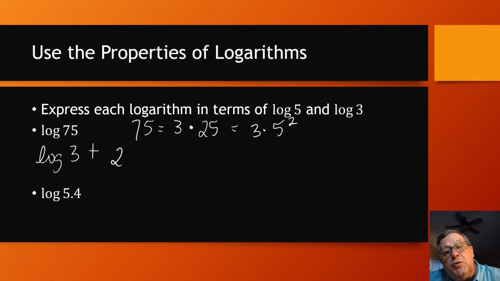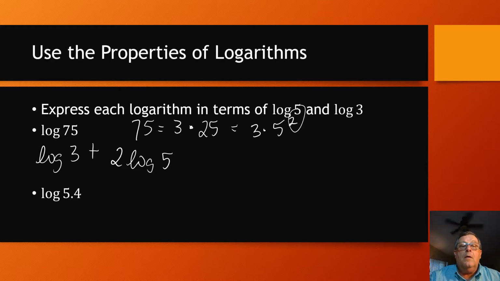So I'd have 2 log 5. All right? And you can put log of 75 in your calculator, and then put log of 3 plus 2 times the log of 5. And I think you'd find you'd have the same answer.